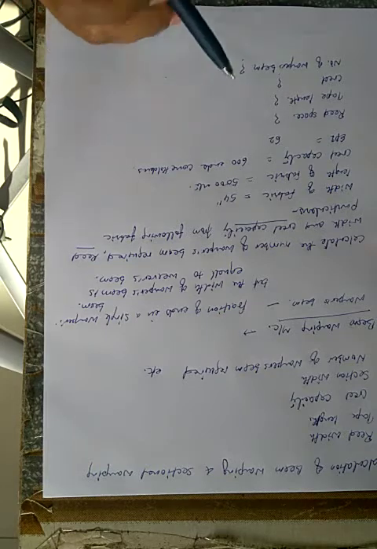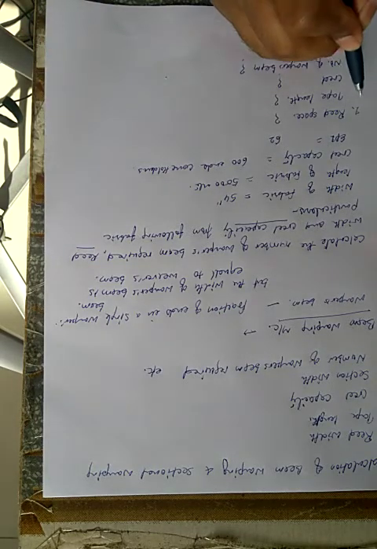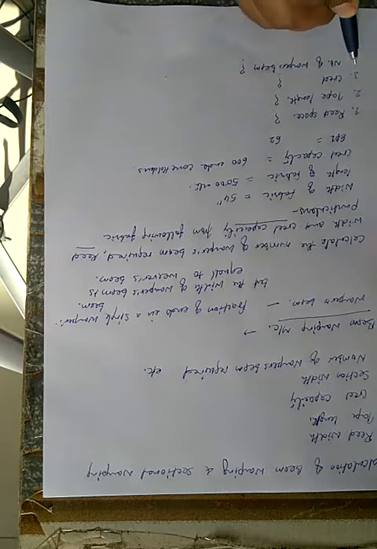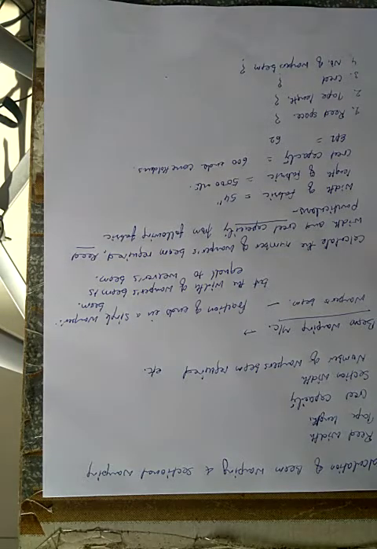So we have to calculate all these things: reed space, tape length, creel, and number of warpers beam.